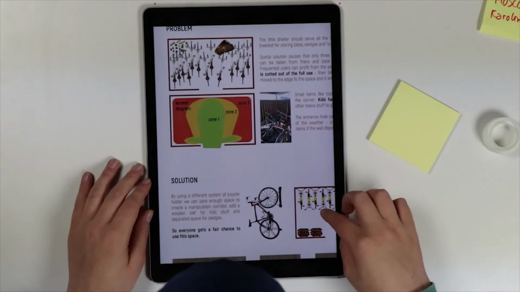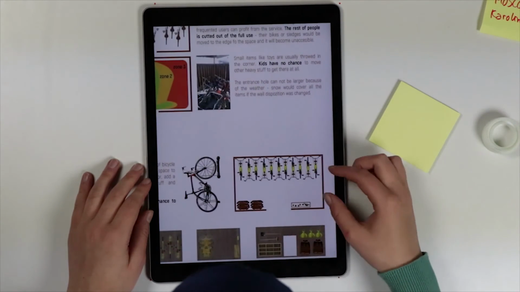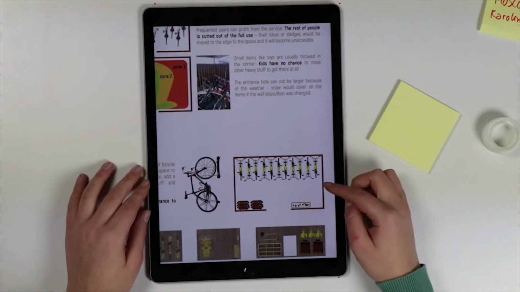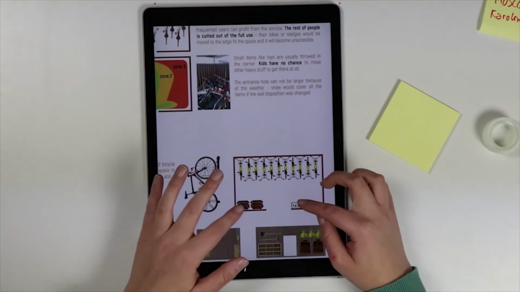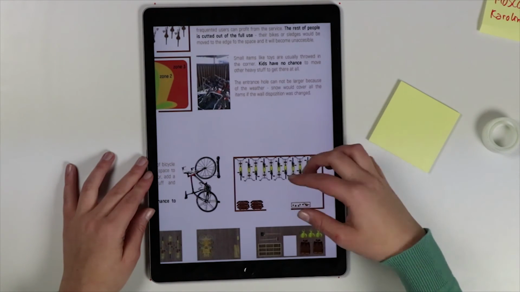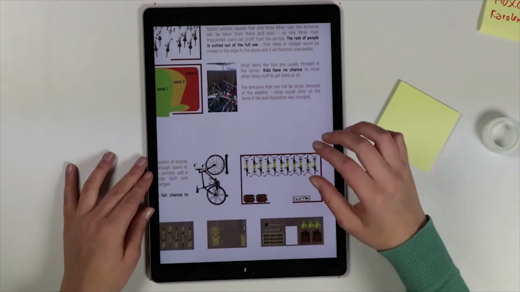In her solution, she proposes to put her bikes on a different holder. In this way, you create more space, and the toys and the sledges can be put near the entrance, and therefore everything is easily accessible.